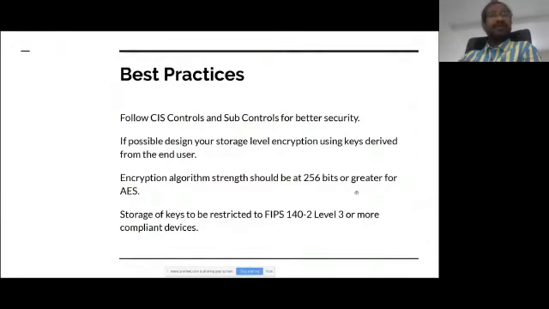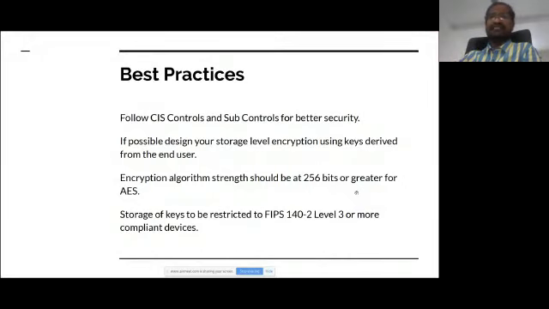Now, jumping on to the best practices. In no way am I saying that these are the final best practices, but I would like to reiterate that these are some of the best things that you could follow to ensure your data and your systems are trusted more than ever.